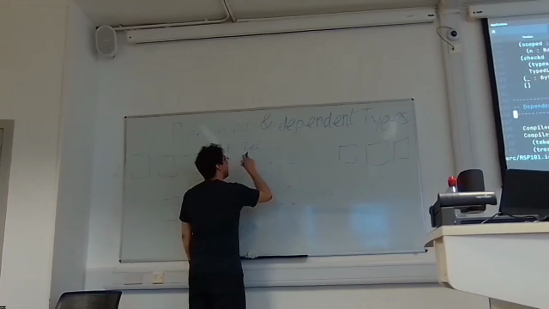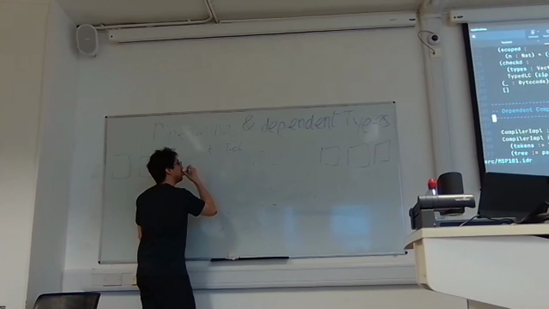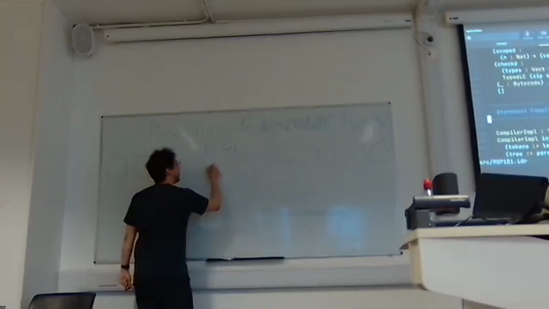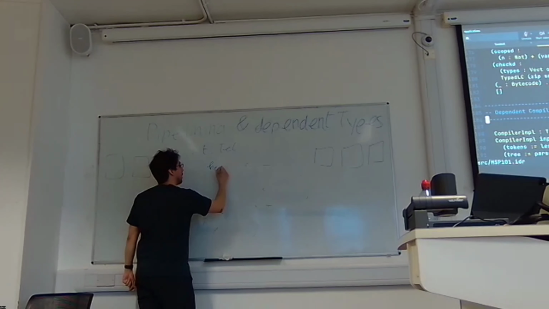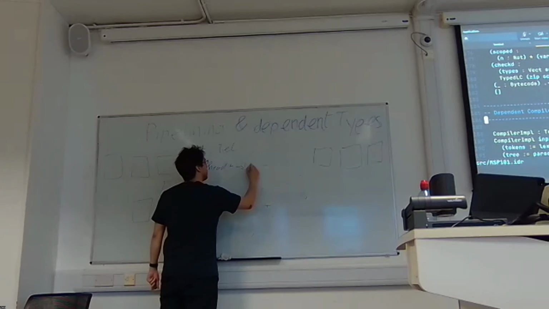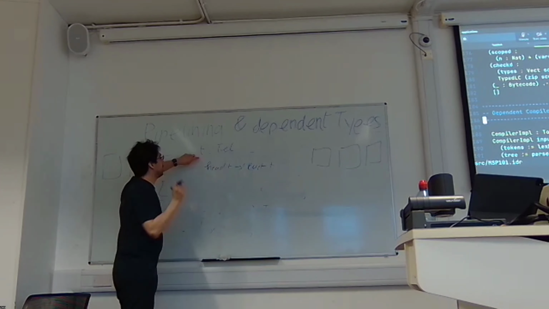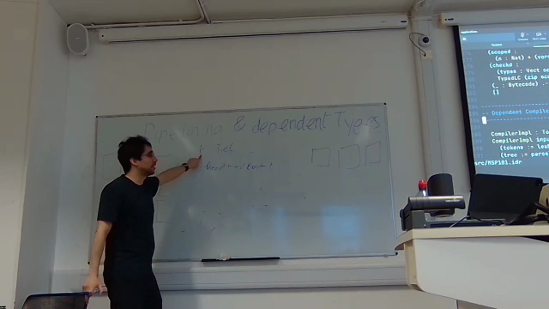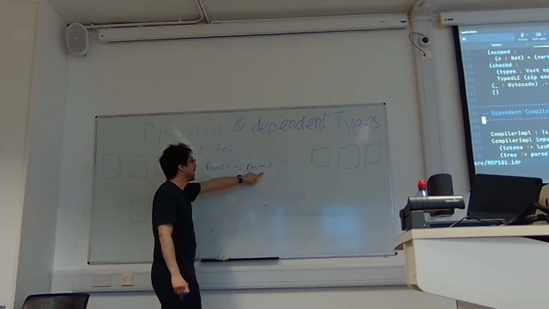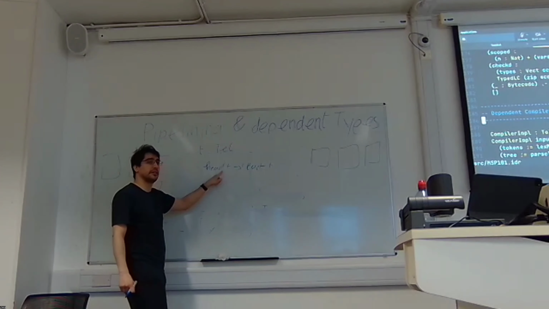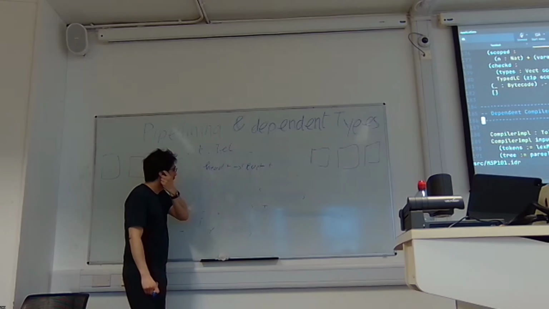Let's say T is a telescope. Its type cannot be something like head of T to tail to the last element of T. And the reason is that the last element of T will depend on all the intermediate steps that are in here.